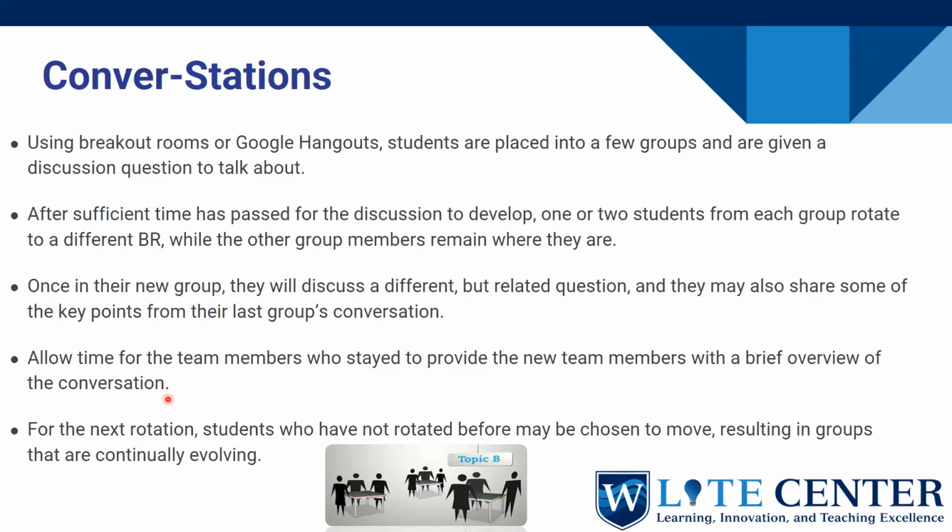You may allow each group 2 or 3 minutes before asking them to rotate. It might be helpful to ask students to record notes from their conversation, and you continue these rounds until all conversations have been visited.